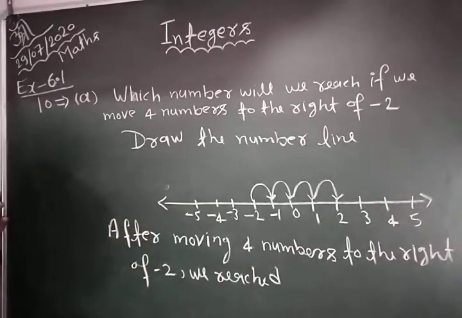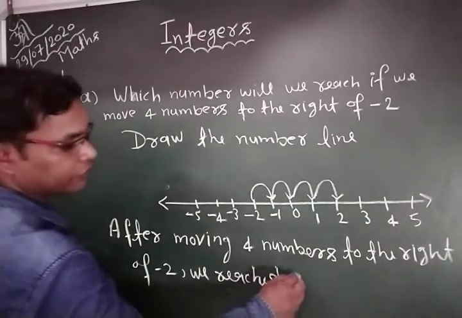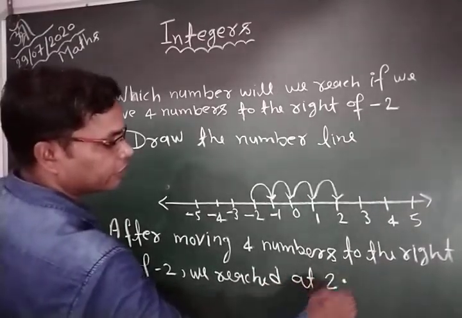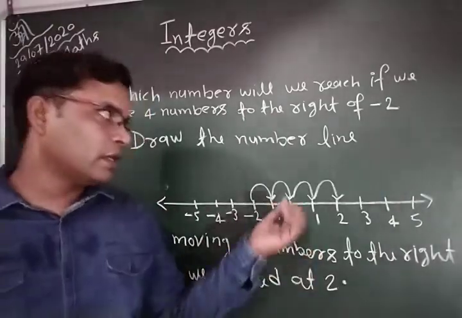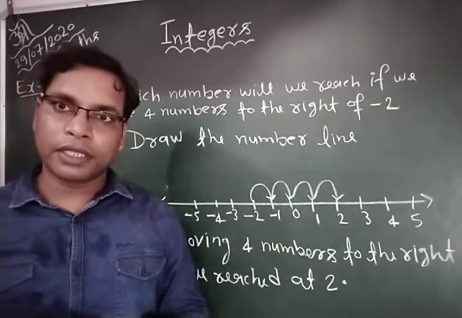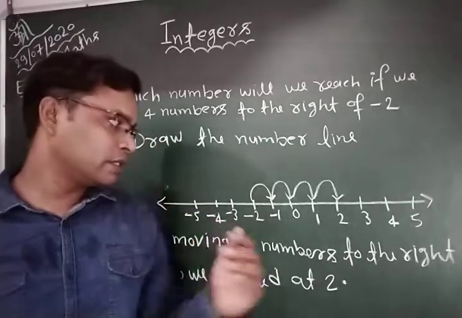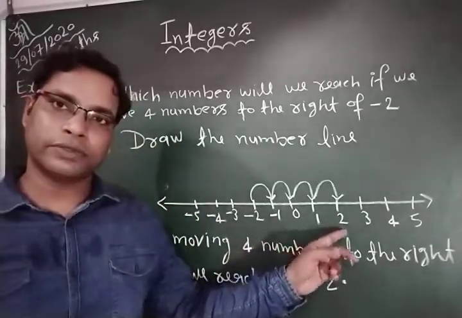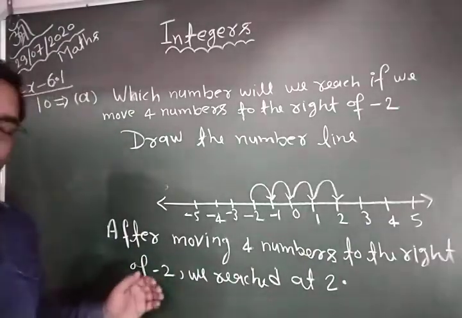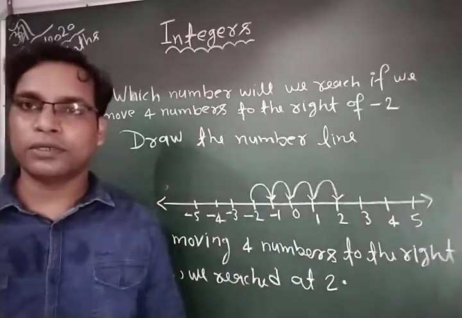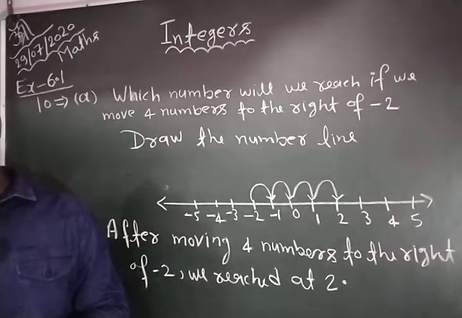You can see the number line and tell us where we reach. We reached at 2. Clear? This is the number line. We start from minus 2, move right 4 numbers, so we reach 2. Okay, so at last we can write after moving 4 numbers to the right of minus 2, we reached at 2.